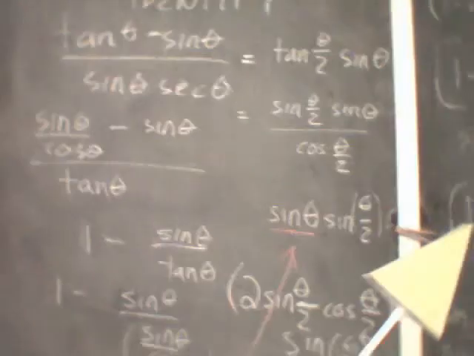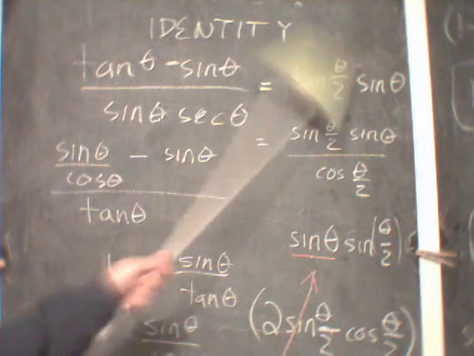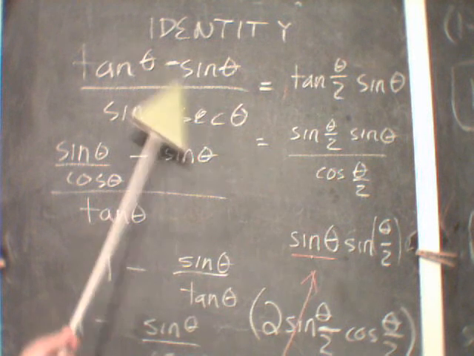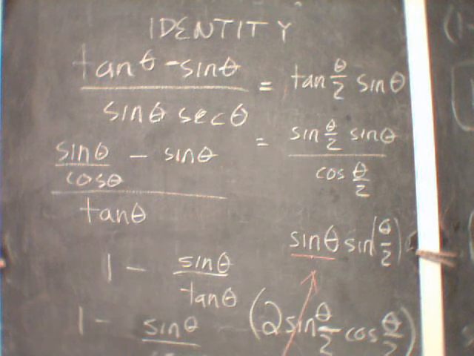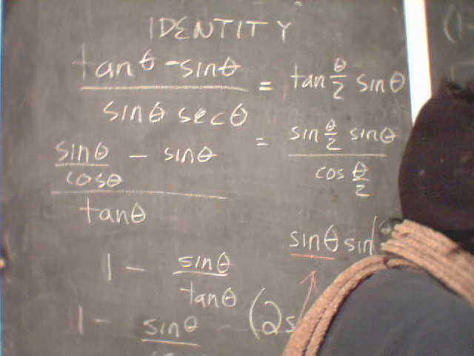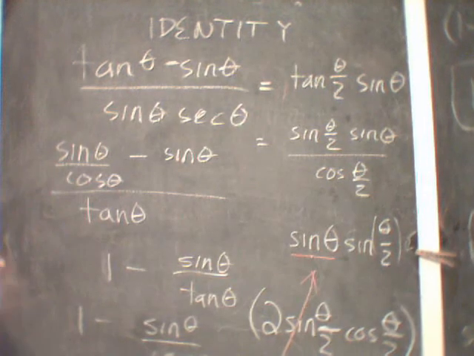Work with it however you can to make it simpler. Work with both sides. Do things to get it to work out. And that one did, but sometimes you might get stuck. There's no guarantee. Some of these things can be tricky, especially if you haven't worked a lot of them before.